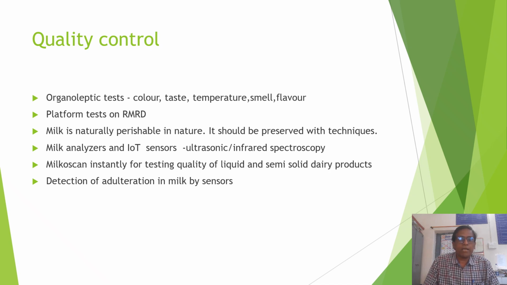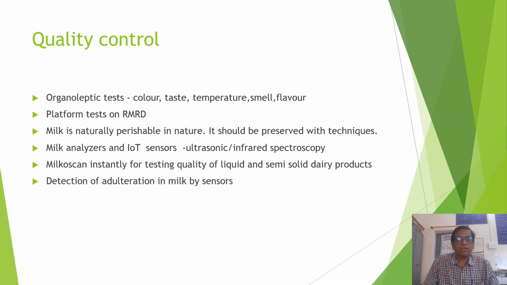On the dairy receiving platform, which is termed RMRD, that is raw milk receiving dock, various platform tests are conducted. Platform tests are those tests conducted on the receiving platform so as to make a quick decision about acceptance or rejection of the milk.